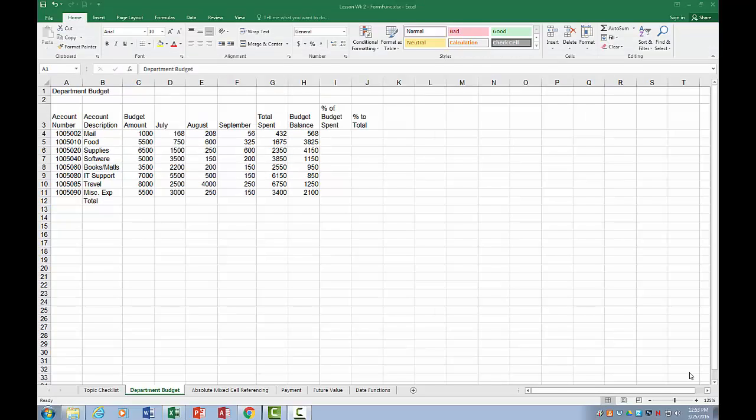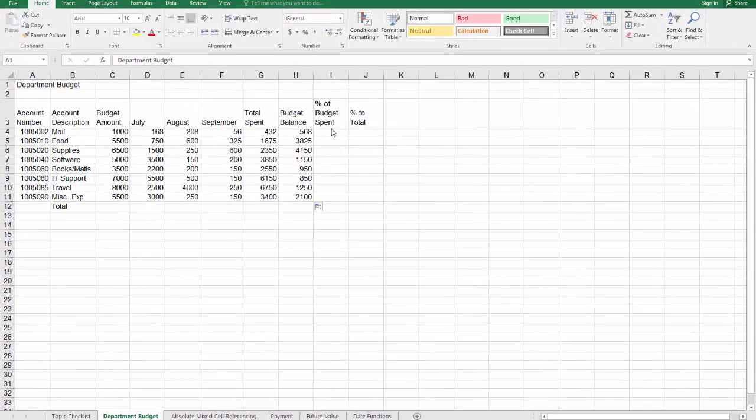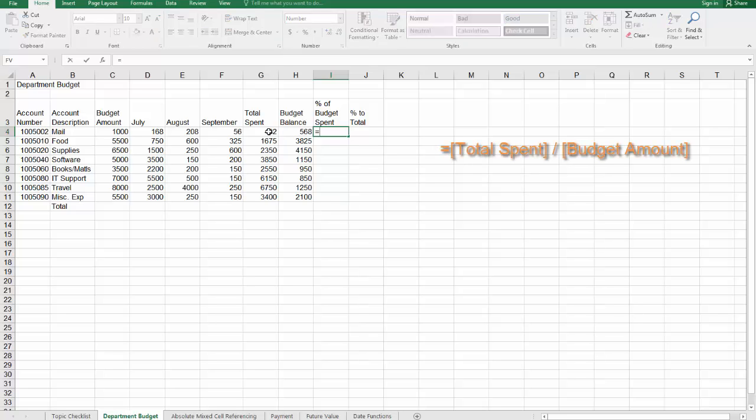Next, let's look at the percent of budget spent. How much have we spent so far as a percentage compared to our total budget amount? My answer cell is going to be I4, and that's going to be equals what we've spent so far in G4 divided by our original budget amount in C4.